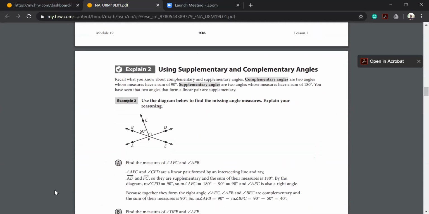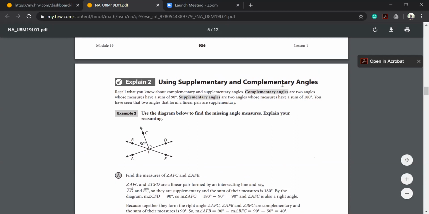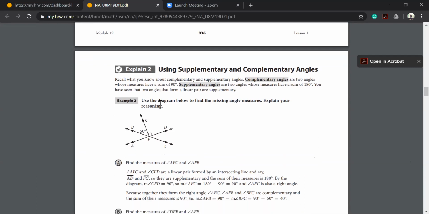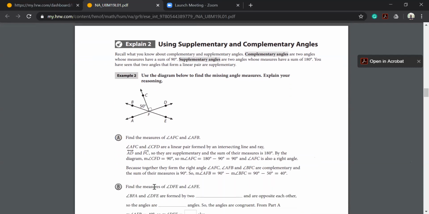And then the meaning of supplementary and complementary. Supplementary means that if you add them together, you will get 180, and complementary, if you add them together, you will get 90 degrees. And supplementary means that the angles are linear pair, because there is a theorem called the linear pair theorem. I think when we were proving, we used it a lot in the proof. Okay, and then we solved some problems.